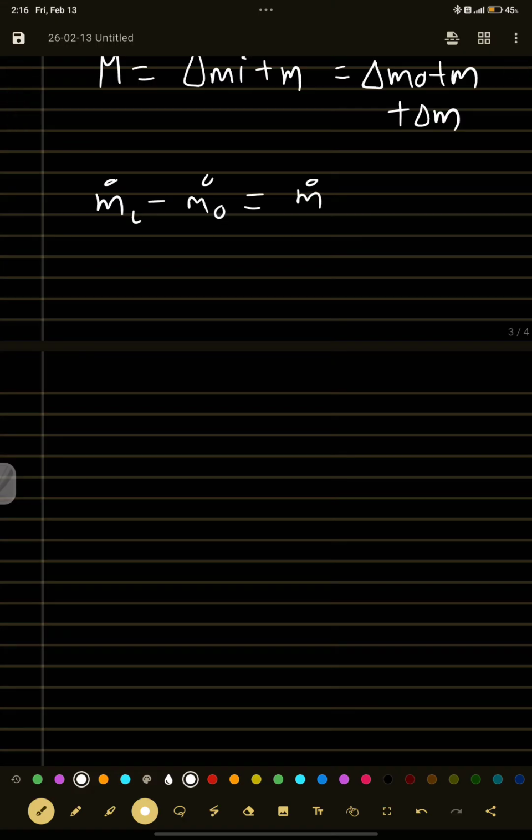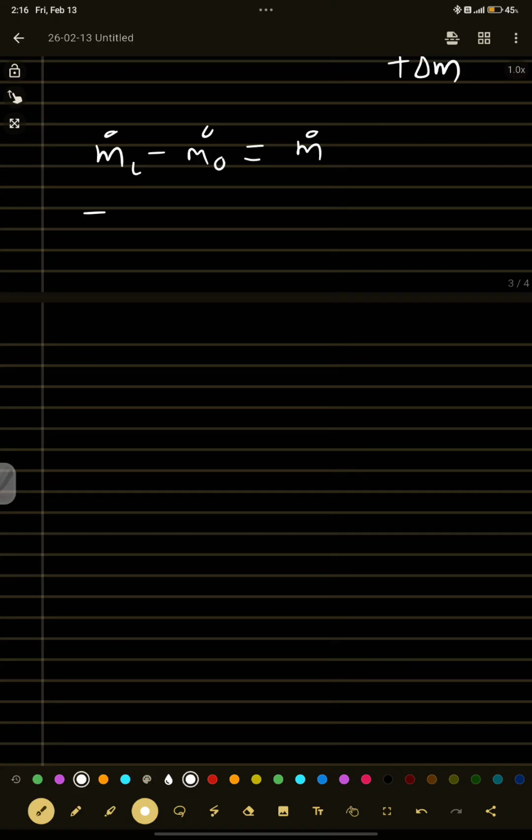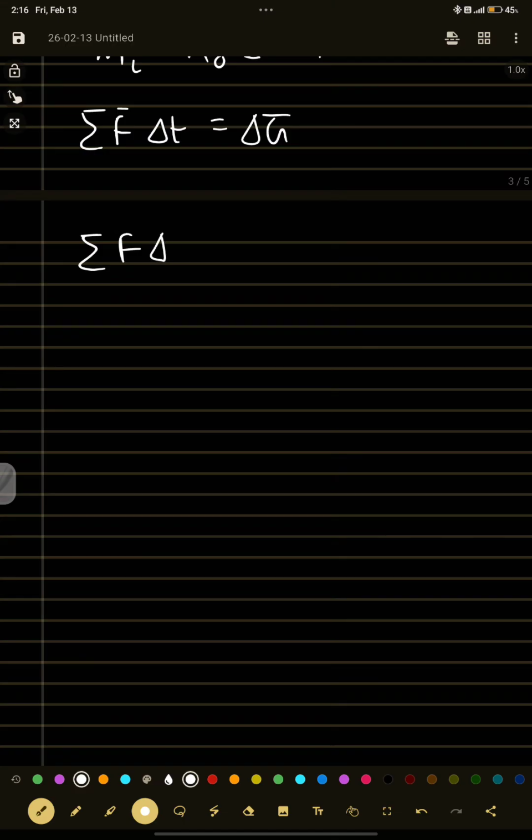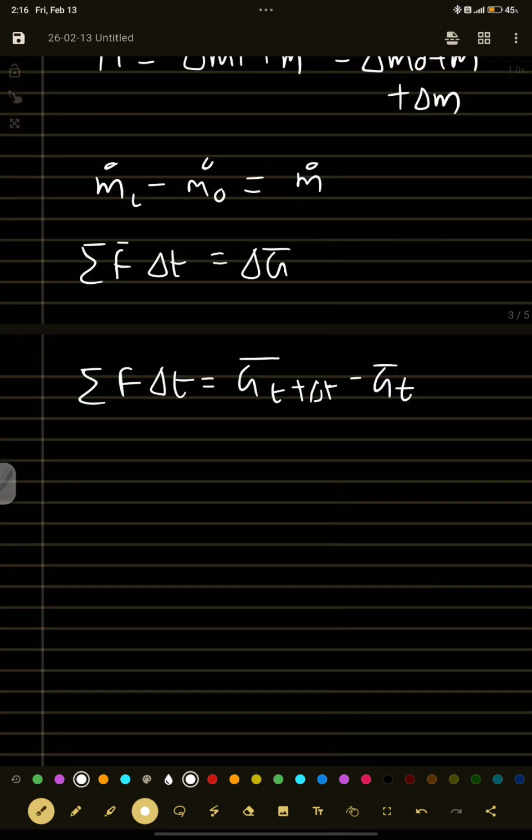And we applied Newton's second law of the form summation F into delta t equals delta G. This we further wrote as G at t plus delta t minus G at t. There is on this container a force F, the net of all forces acting on the container.